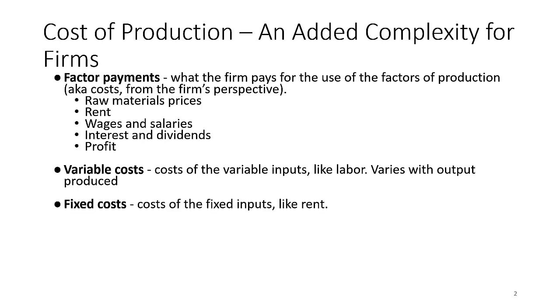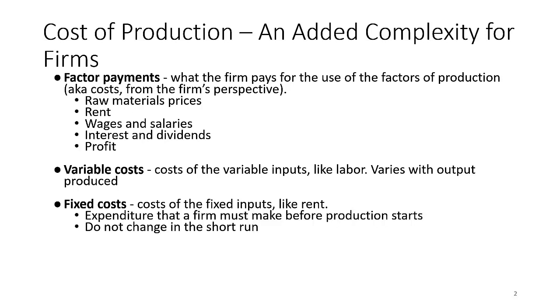Fixed cost is cost which does not vary with production, and examples of this are basically expenditures that firms make before production starts, and they do not change in the short run. And if you remember, short run is when some of the factory inputs are fixed and they do not change regardless of the level of production.